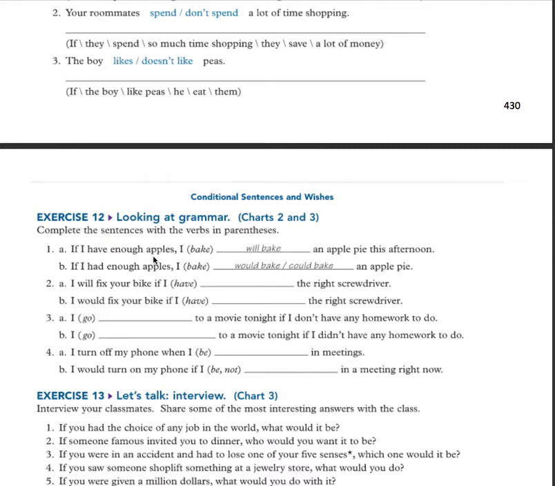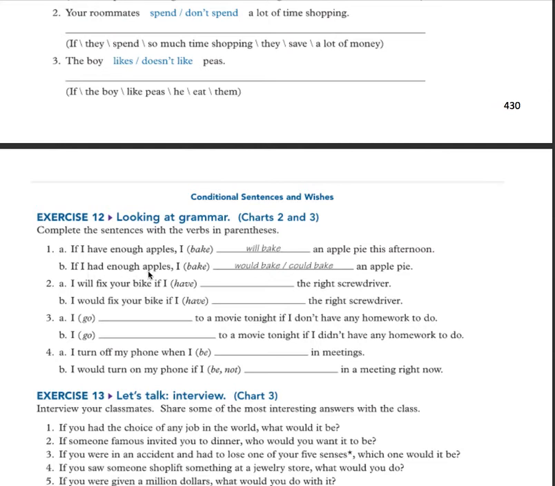If I have enough apples, look at this. Here's my verb in the if clause, simple present. If I have enough apples, I blank an apple pie this afternoon. That's future. I will bake an apple pie this afternoon. B, if I had enough apples, look at that verb, simple past.